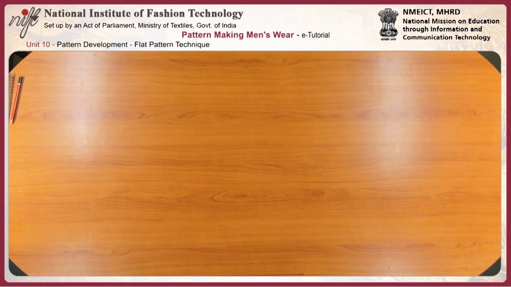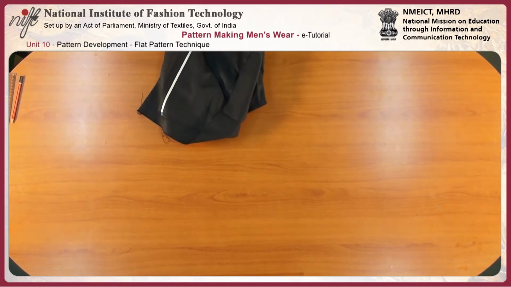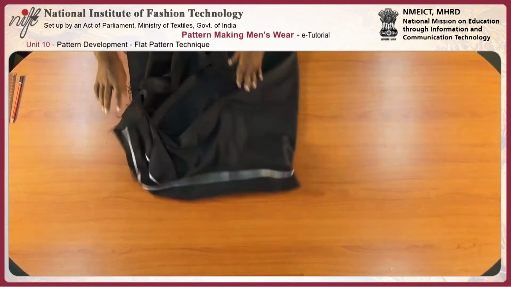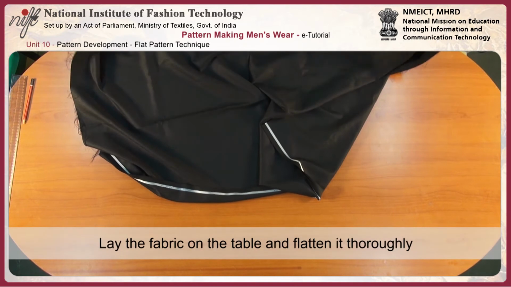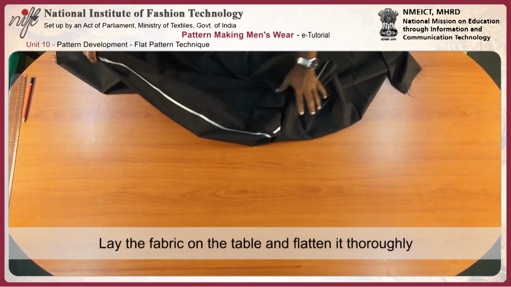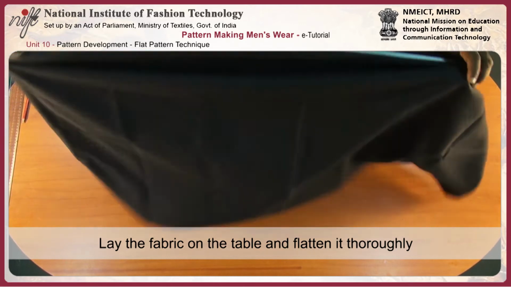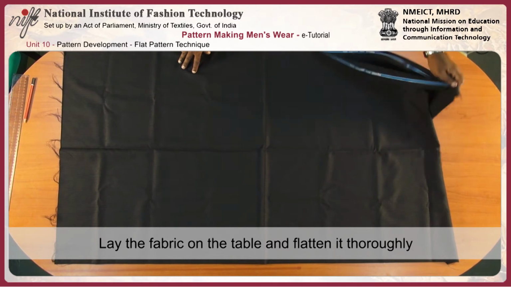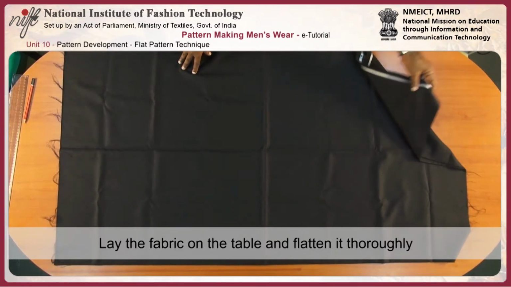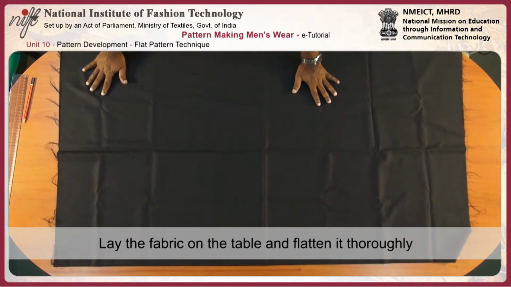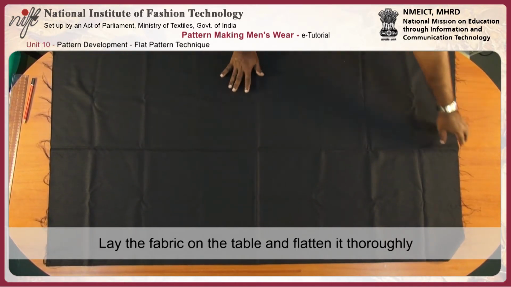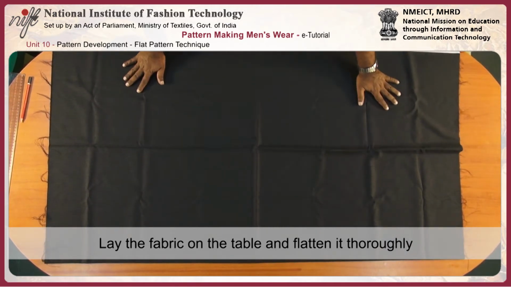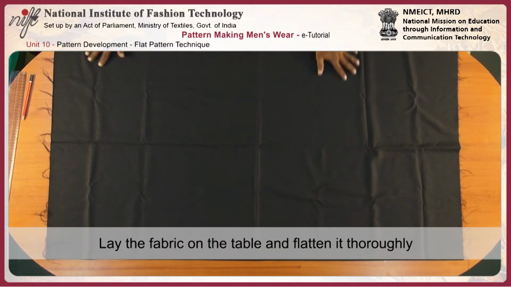Let us start laying the fabric to cut our trouser parts. We have suiting fabric which can be laid on the flat table, which can be 5 meter, 6 meter length in industry, whereas in customized tailoring we can use the pattern table itself for cutting the garment parts.